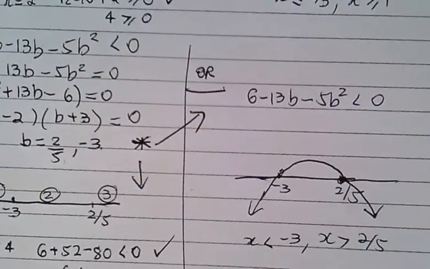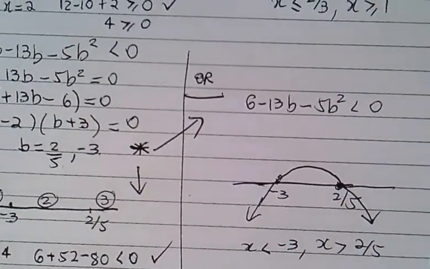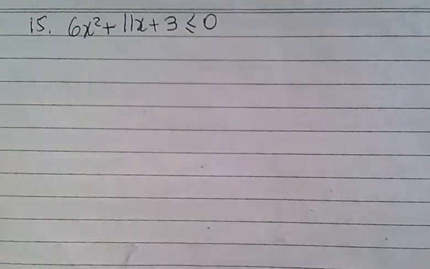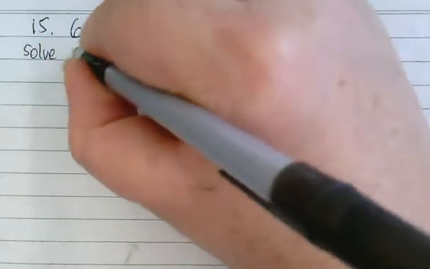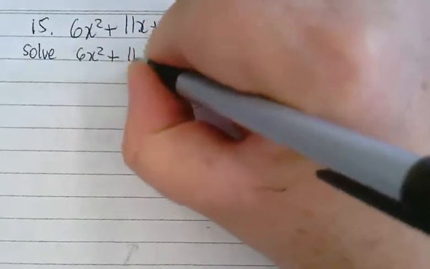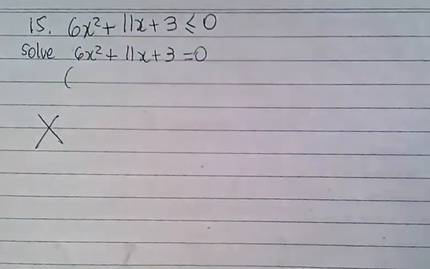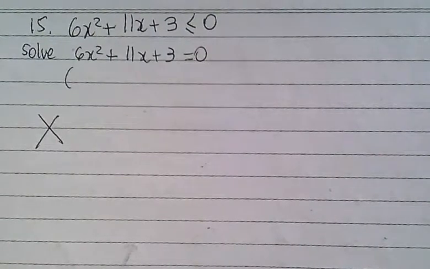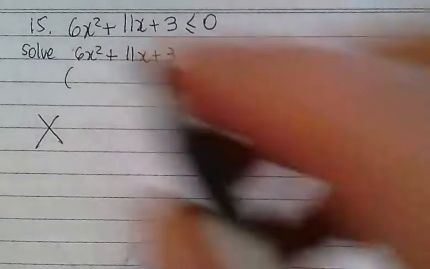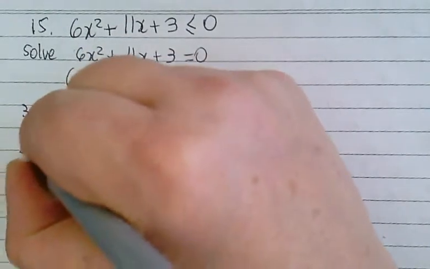Now, all right, we'll do one more. Solving this one. So we're going to solve 6x squared plus 11x plus 3 equals 0. You need to factorize. Not sure if that one's going to be 6 and 1. Is it 3 and 2? 3x and 2x, yeah.